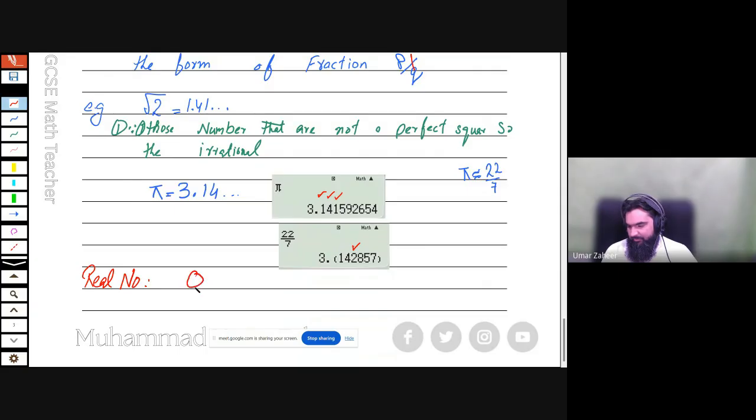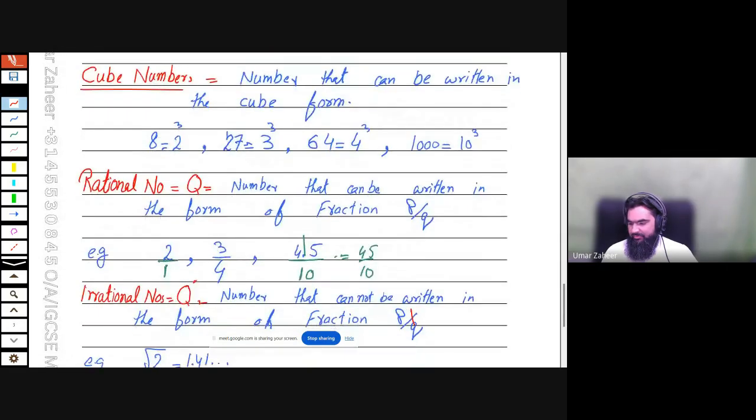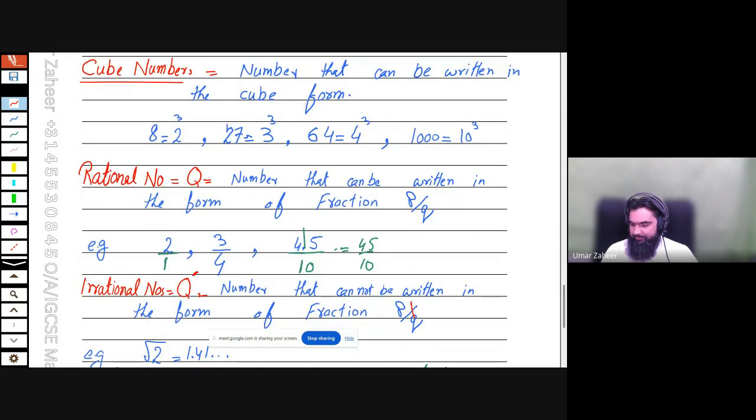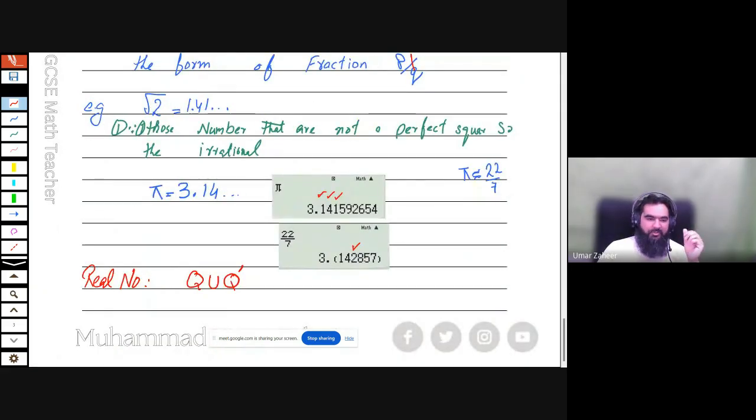It's the union of rational numbers and Q dash. Union is the set notation we use to combine the elements of both sets.